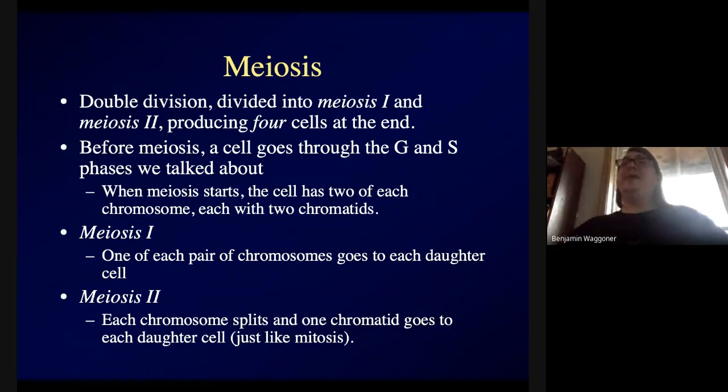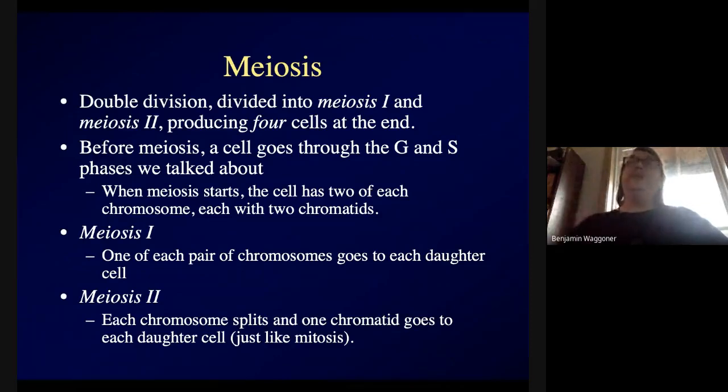At least if you're making sperm. Egg cells, it's a little bit different, and I probably won't have time to get into how it is that with egg cells you don't produce 4 eggs, you produce 1 egg and a couple of little lumps called polar bodies. Just know that meiosis to make eggs is a little bit different from this, but we don't need to go into what the difference is.